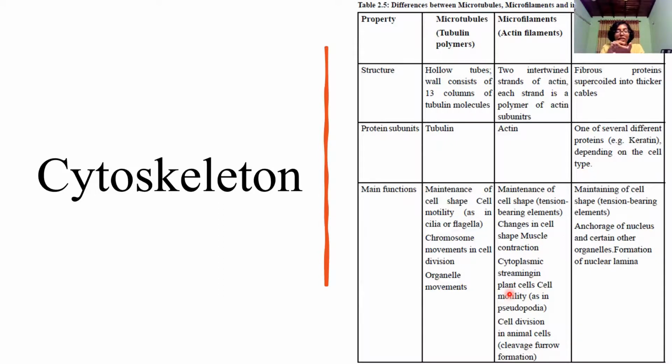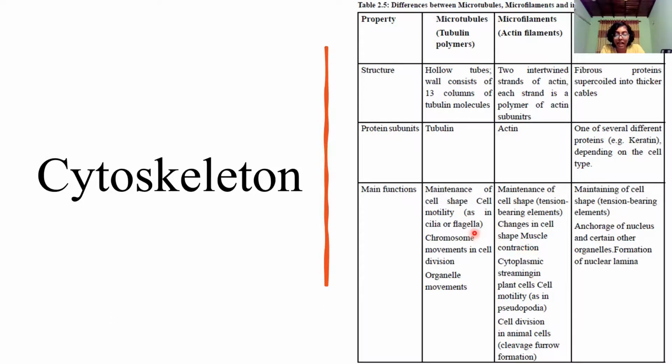For unicellular organisms to move, these are helpful. Cytoplasmic streaming is another function. And maintenance of cell shape, again, as I said, all these help in maintaining the cell shape because that is what the cytoskeleton does. And change in cell shape.